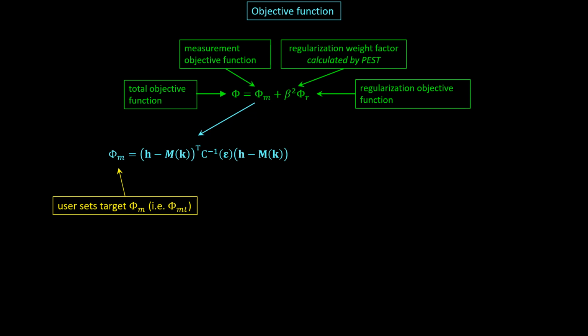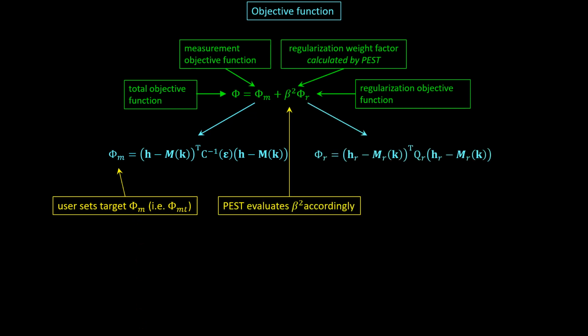Again, in PEST implementation of Tikhonov regularization, the user gets to set a target measurement objective function here, and PEST will not go below that target. The regularization objective function, however, can really be defined in whatever we think is the best way in a particular inversion context. So I've altered the formula for the regularization objective function slightly to reflect that here.